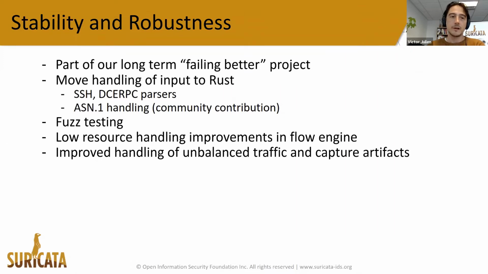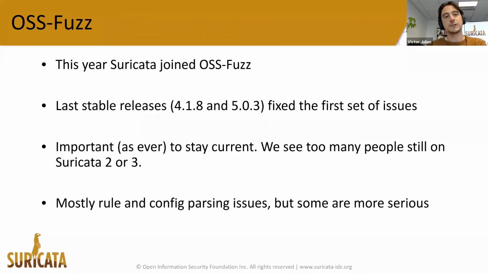A bit about OSS-Fuzz, which is the fuzzing framework that we use. One of our developers, Philippe Antoine, has been working on creating libfuzzer support for Suricata. And one of the attendees here, Circo, has been very helpful with this as well.